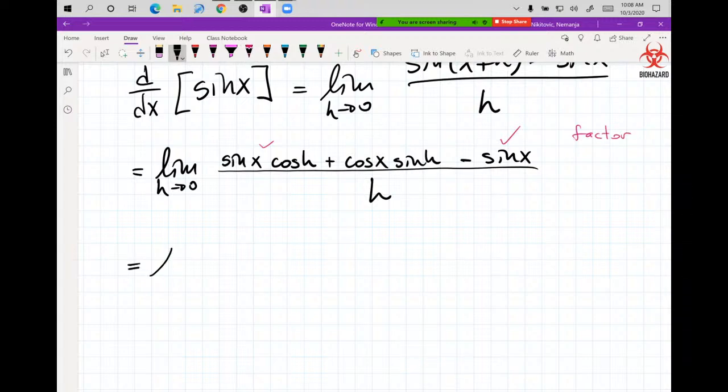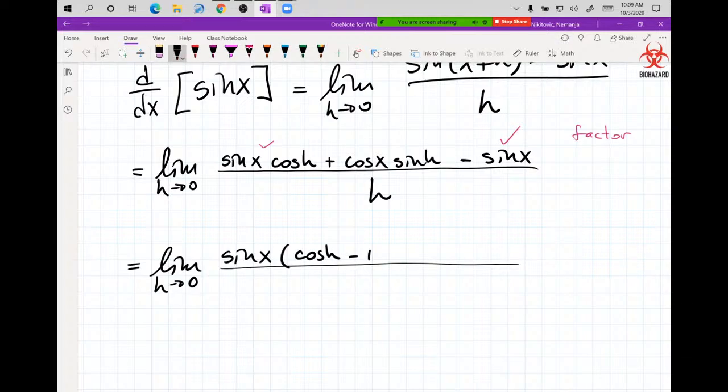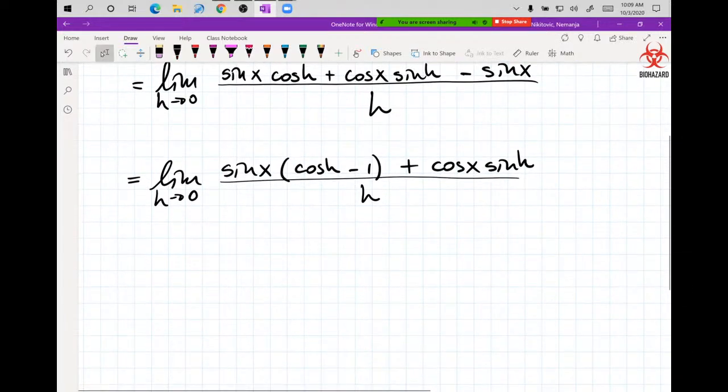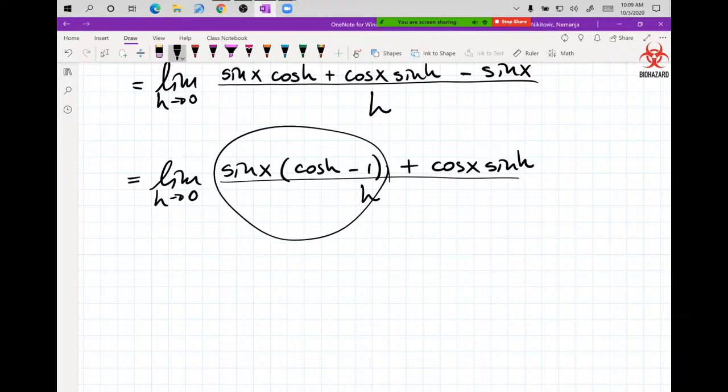And that's going to give us the limit as h goes to 0. When I factor that sine x, what's left is cosine h minus 1. And I still have the second term, cosine x sine h, everything divided by h. The limit laws tell us that since these are two separate fractions, we can separate this into two separate fractions and give a limit to each one.